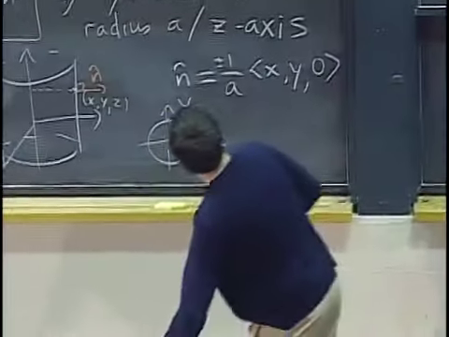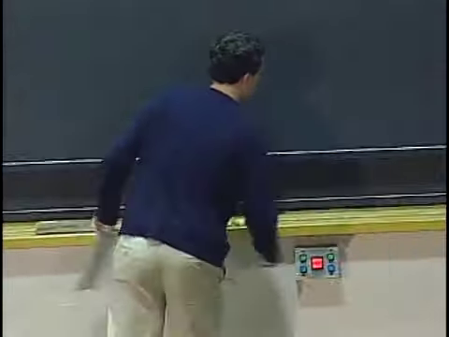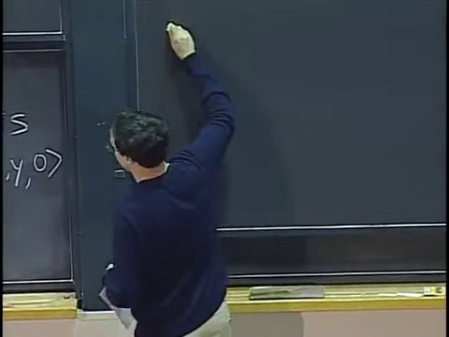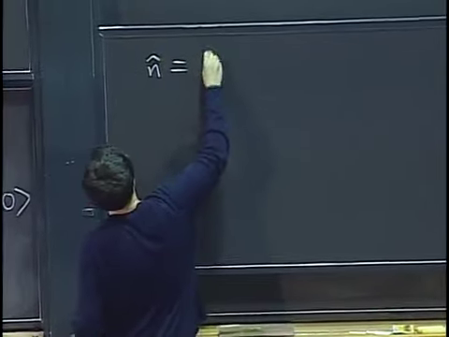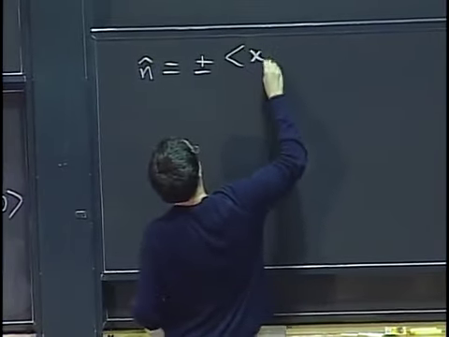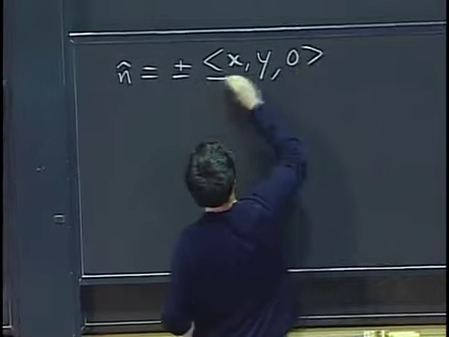Okay, so on our cylinder, the normal vector is plus minus x, y, 0 over a.